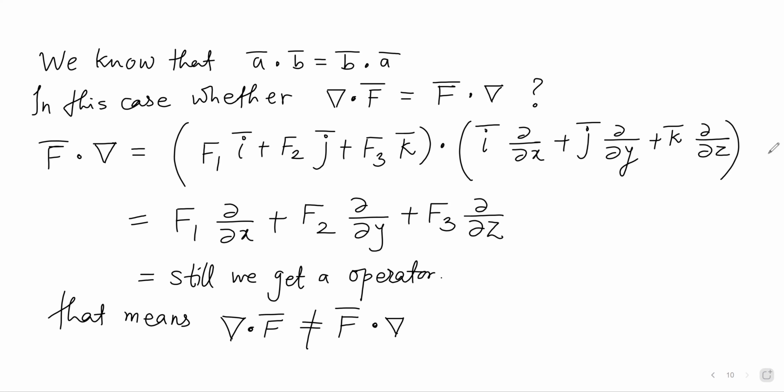Now with this, we'll see tomorrow some more examples based on this, because in that session we'll see how we are using this operator in vector notations. Once you understand that, it is very easy to attempt questions.